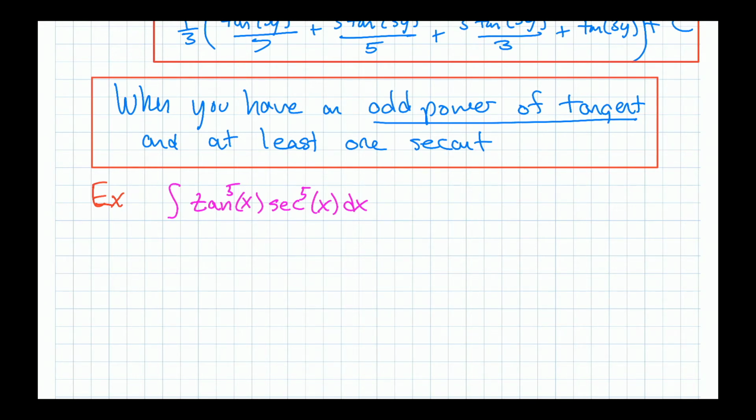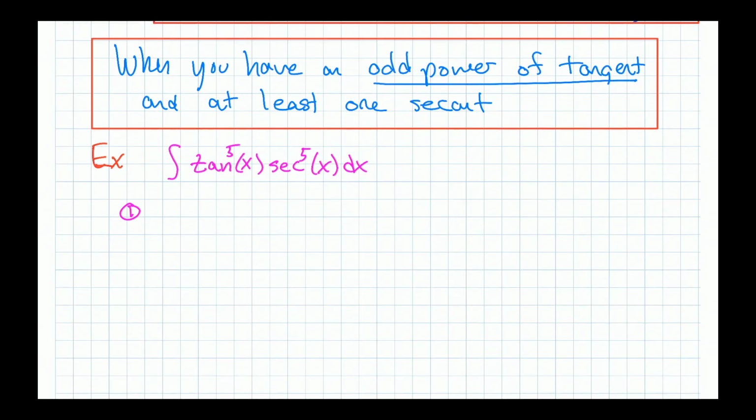That meets the requirements. Now our first step is we want to save off the thing for the du, just like we've done a million times now. So in this case, we're going to save a secant x, tangent x dx off to the side.